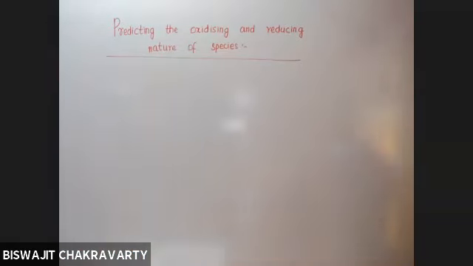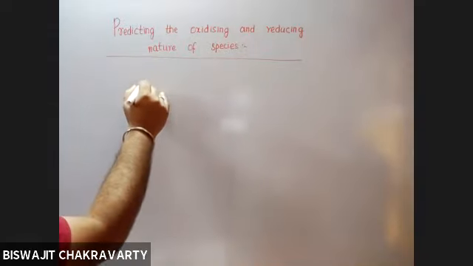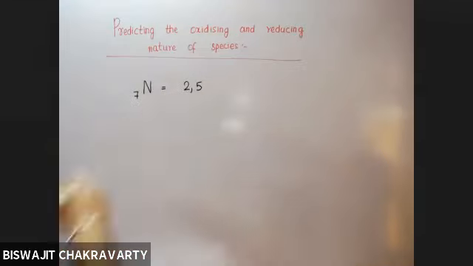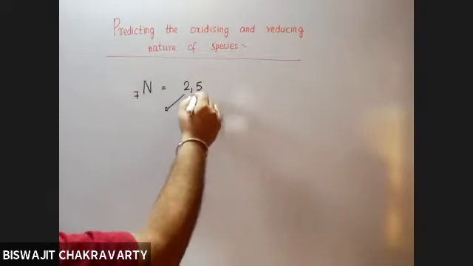Say, for example, when we are talking about nitrogen, we know that it has the normal electronic configuration of 2,5, which means that if it wants to be a stable gas, there are two possibilities.